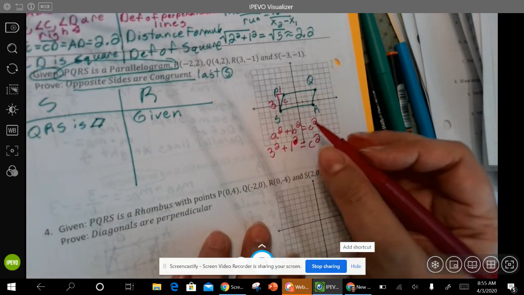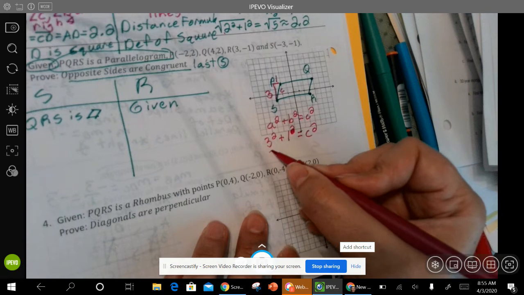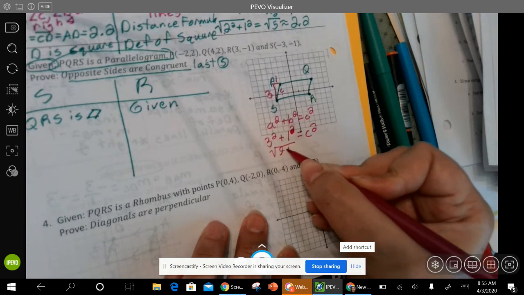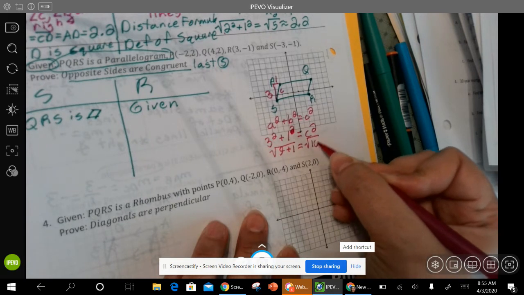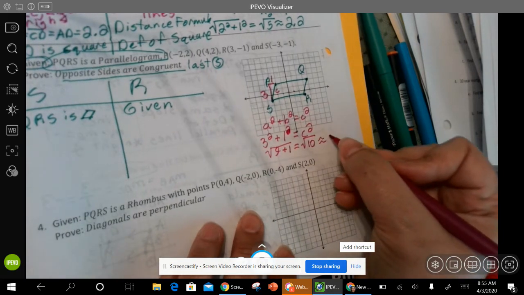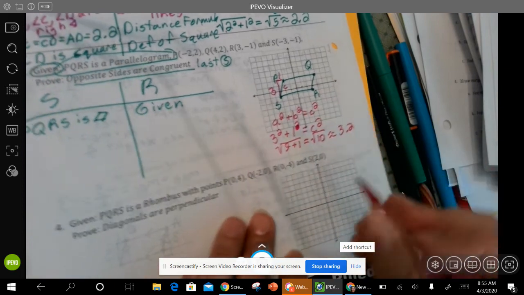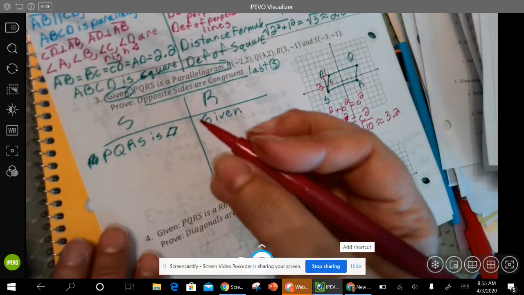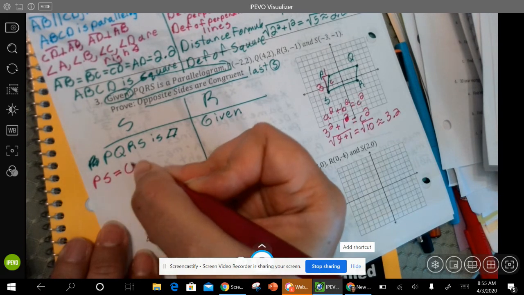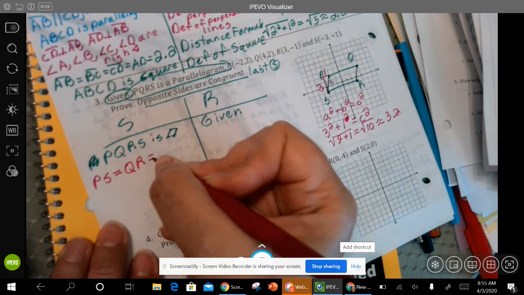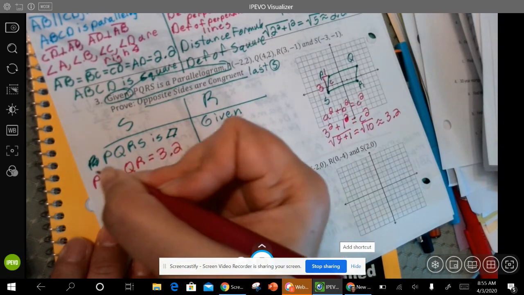So 3 squared is going to be 9, 1 squared is 1. So that's the square root of 10, which is approximately 3.2. So that's for these. So PS and QR are 3.2.